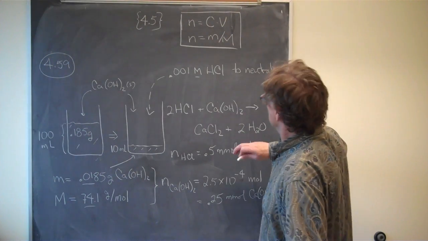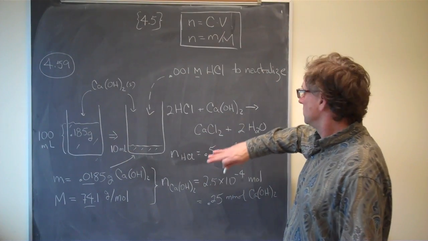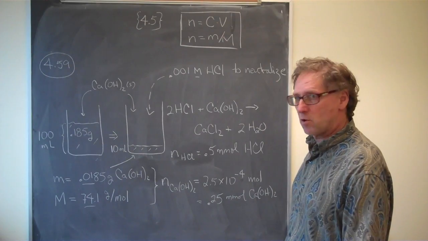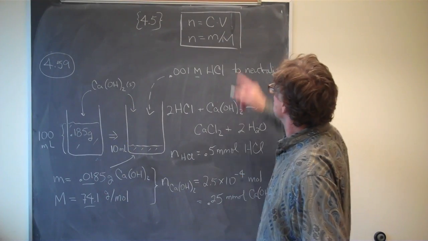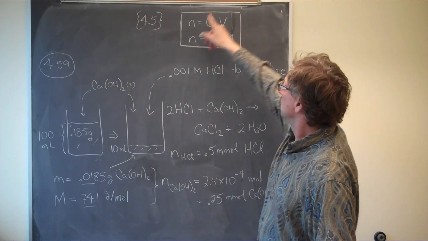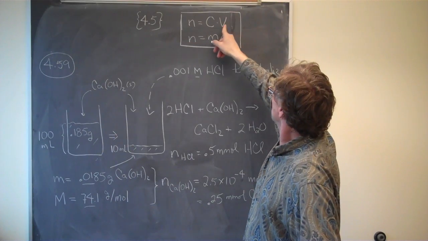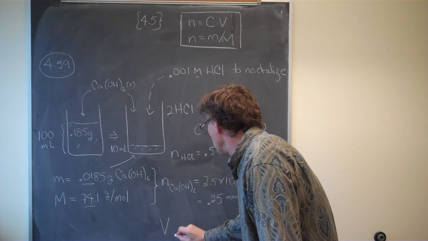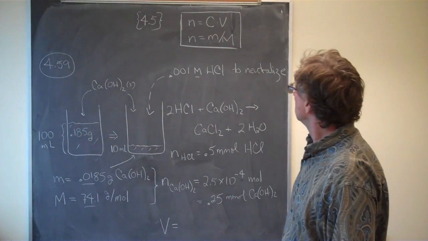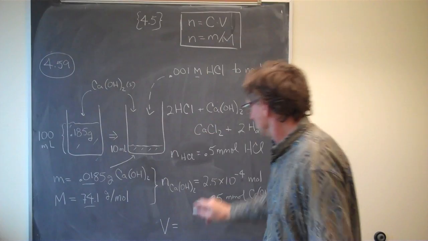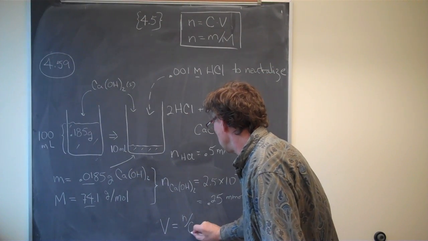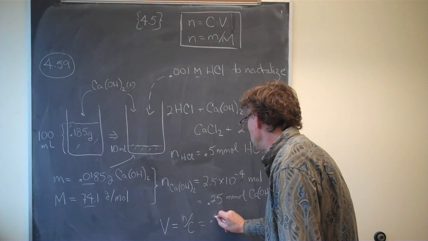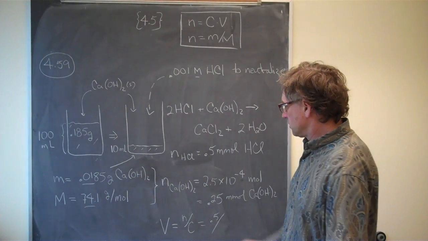So the last step is to figure out how much volume of this rather dilute HCl solution is needed to deliver a half a millimole, and that's where this equation will come in. That needs to be a half a millimole, so I'll solve that for the volume. The volume of the HCl will have to be equal to N divided by C. That is the number of moles of HCl, 0.5, divided by the concentration of the HCl.